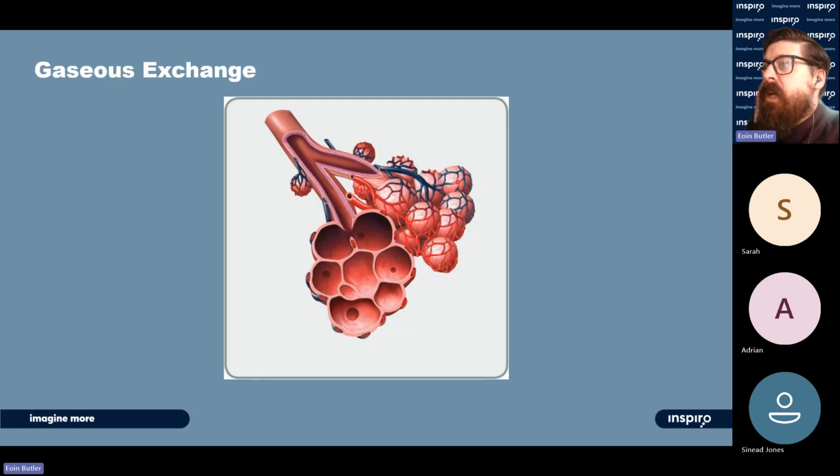So gaseous exchange takes place. So the carbon dioxide within the capillaries will jump from the capillary into the alveoli, and then it's exhaled back out. Our oxygen comes in, diffusion takes place where our oxygen will jump from the alveoli into the capillaries, and then our pulmonary vein will take it back to the heart to then be pumped around the body.